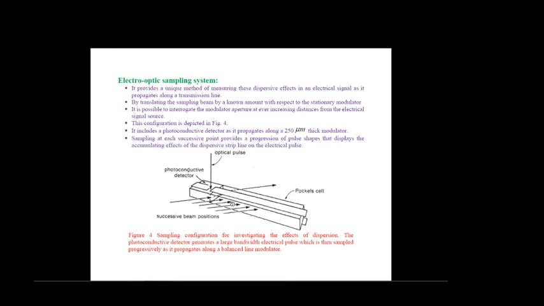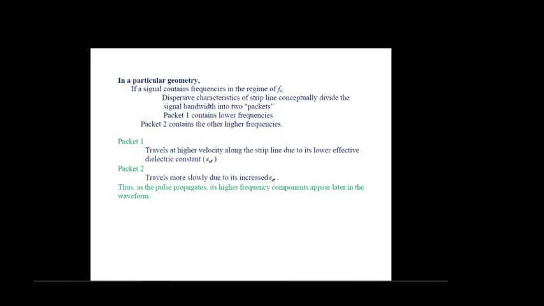When a signal contains frequencies in the regime of the critical frequency for a particular geometry, as in this case, the dispersive characteristics of the strip line conceptually divide the signal bandwidth into two packets. That is, packet 1 containing the lower frequencies, and packet 2 containing the higher frequencies.